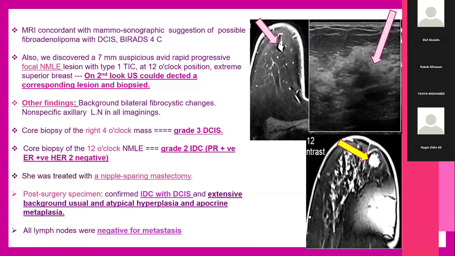And she was treated with nipple-sparing mastectomy. The post-surgical specimen confirmed invasive ductal carcinoma with DCIS and extensive background usual and atypical hyperplasia and apocrine metaplasia. All lymph nodes were negative for metastasis, concordant with the imaging.